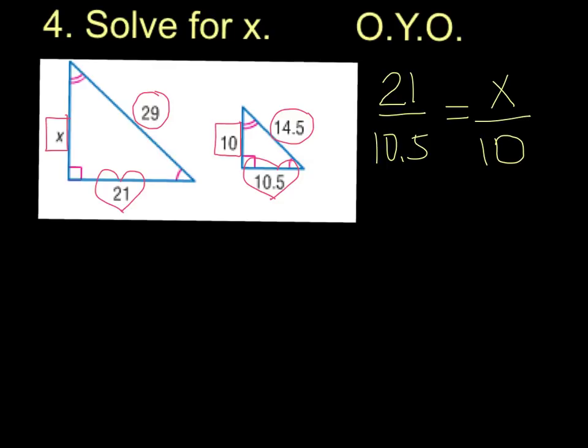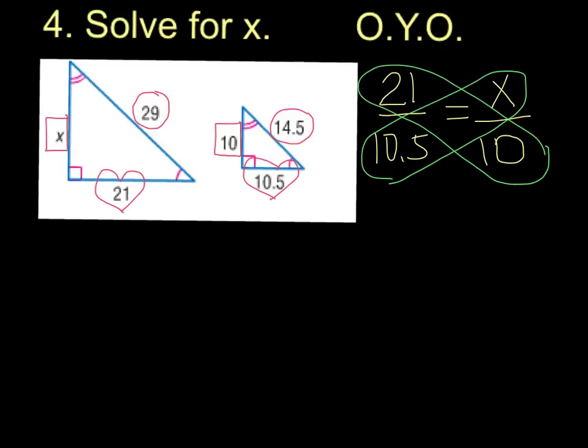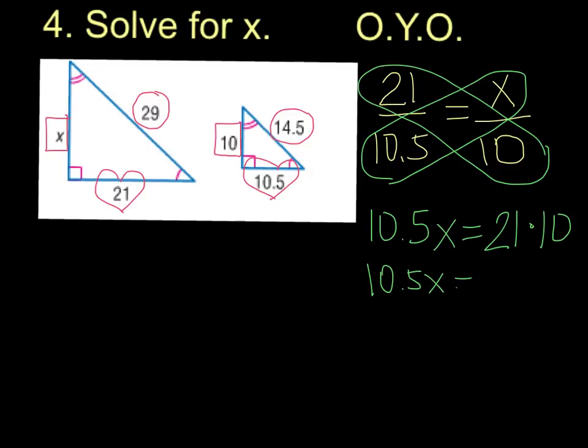Okay, so now we need to go ahead and cross multiply. Okay, so when we cross multiply, we get 10.5x equals 21 times 10. Okay, so we get 10.5x equals 210 when you multiply those two together.